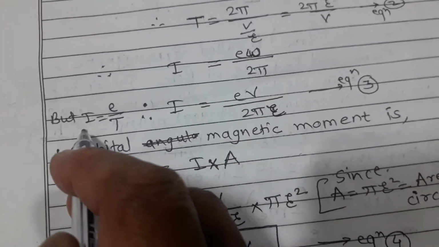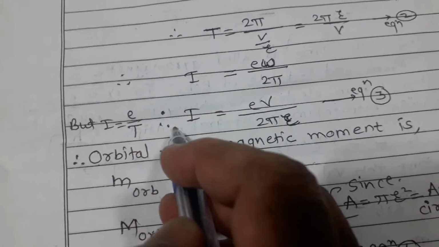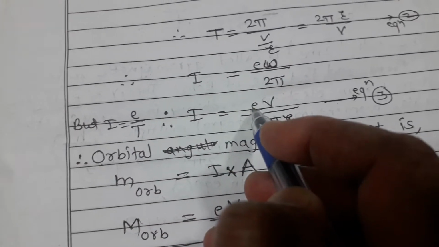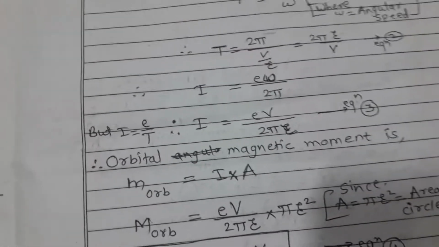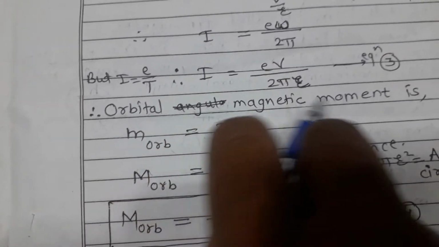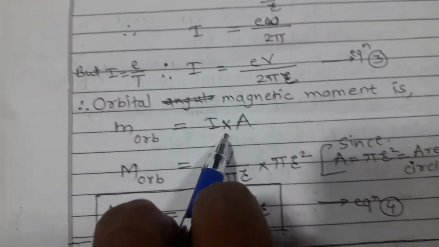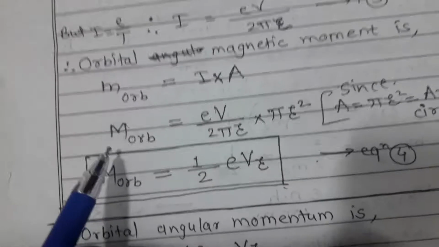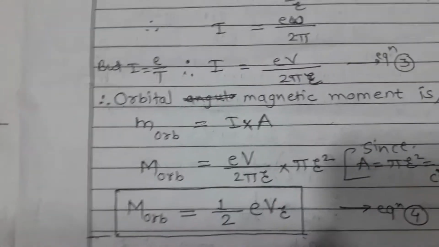But I is equal to small e divided by T. Therefore, I is equal to e into v divided by 2 pi r, equation number 3. Now, orbital magnetic moment is small m of orbital is equal to capital I into capital A. Therefore, m orbital is equal to e into v divided by 2 pi r into pi r square.